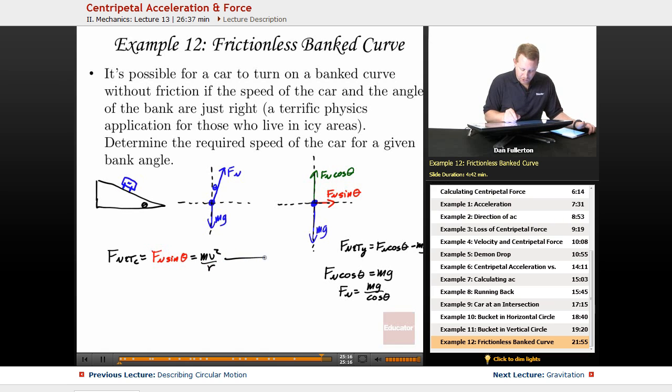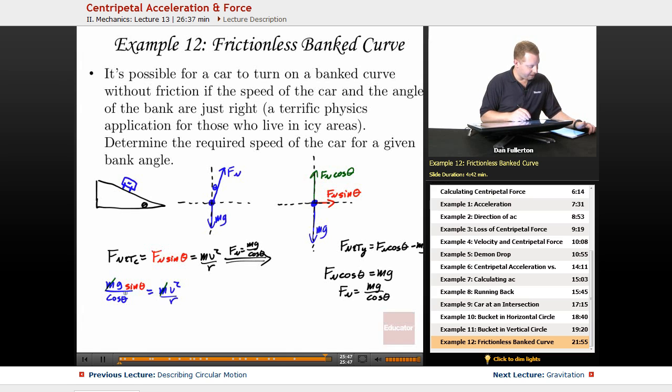With that information, knowing that Fn equals mg over cos theta, I'm going to replace normal force here with mg over cos theta. I still have the sine of theta here, times the sine of theta, and all of that equals mv squared over r. Can do a simplification here, divide both sides by m.